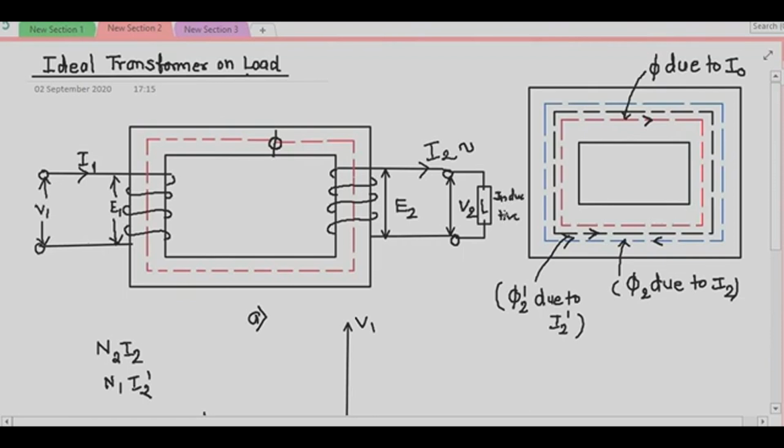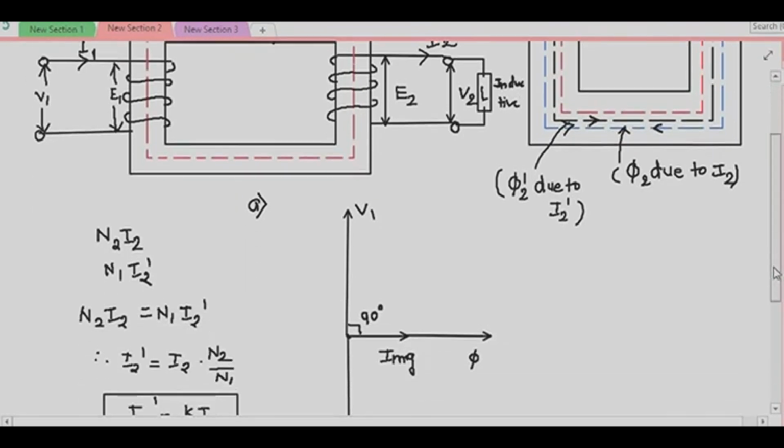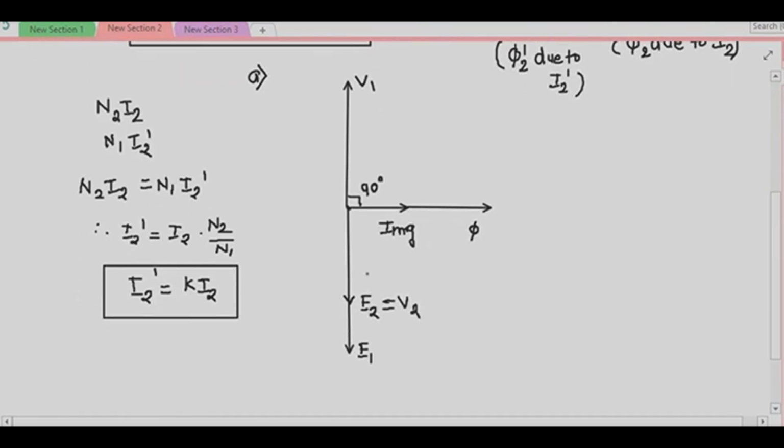So the current of the secondary lags the voltage by some angle. So this is your V2. So my current I2 of the secondary winding lags the voltage by some angle phi 2. So this is your I2, which is lagging V2 by angle phi 2.